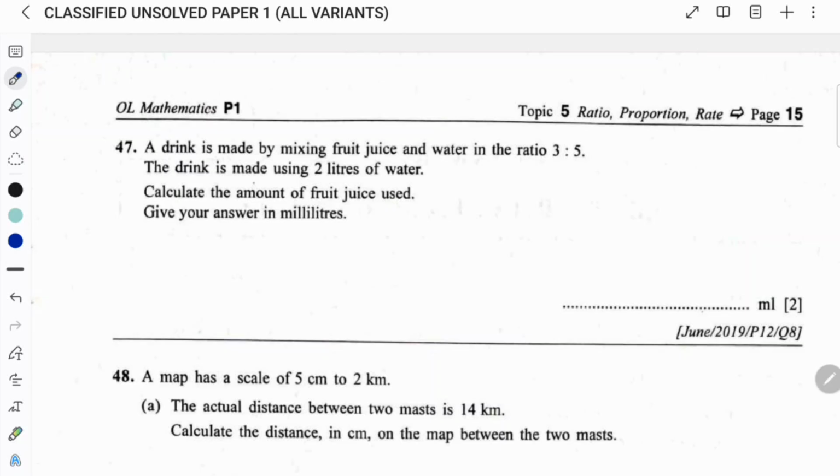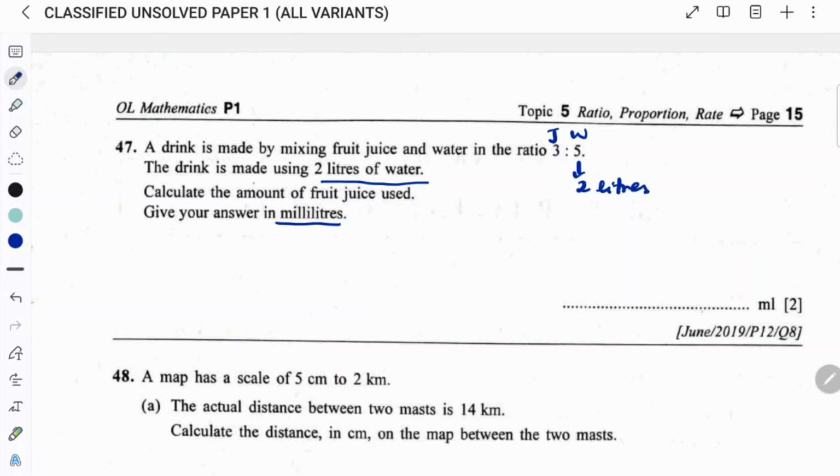So the 47th question: a drink is made by mixing fruit juice and water in the ratio 3:5. So it means juice and water. The drink is made using 2 liters of water. 2 liters of water means 5 is 2 liters in the ratio. Calculate the amount of fruit juice used.